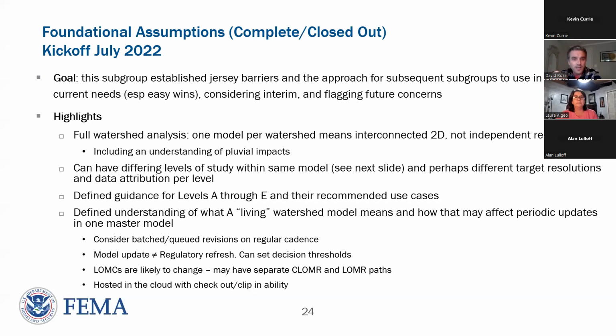This can help us understand both the fluvial and pluvial aspects of flooding. Also, this idea of having different levels of detail within a 2D watershed model, so you don't have to have an entire model that has 50-foot cell sizes everywhere, just because it's computationally burdensome, and you don't need that sort of resolution or that computational power everywhere.